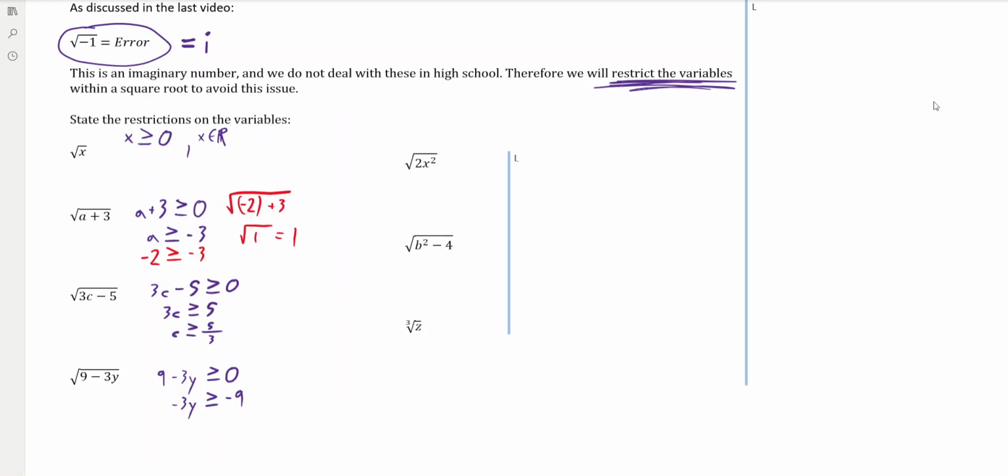But if we divide by a negative, like we are about to do here, 9 divided by 3 is 3, and it's -9 and -3, so it goes to positive. When you do this, you're going to find that this actually doesn't work. So we have y is greater than or equal to 3, right?